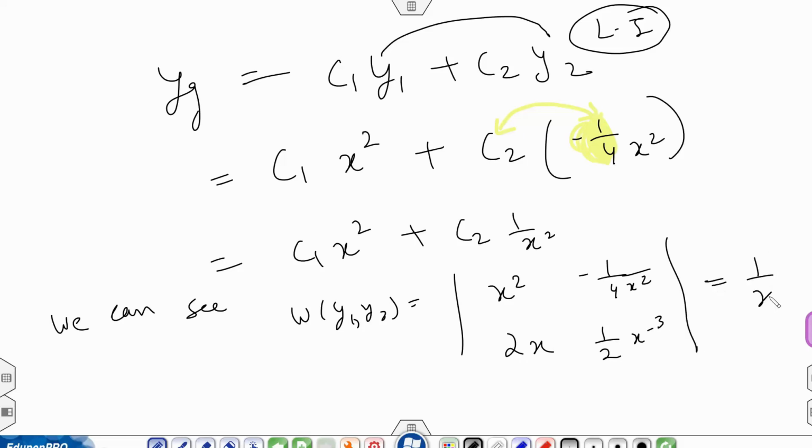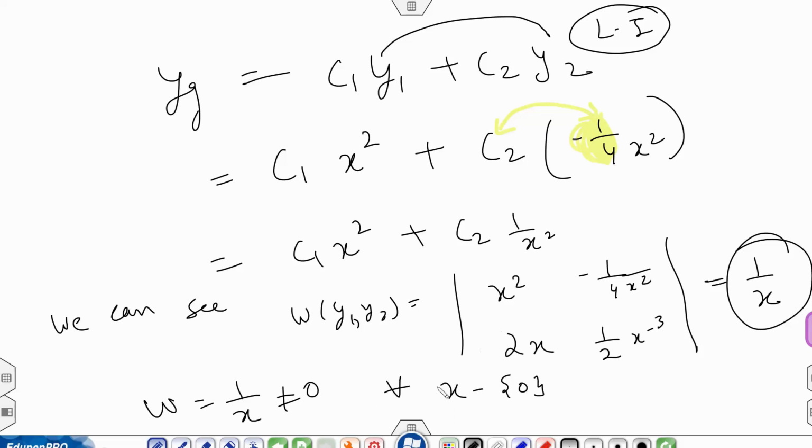You will see that it is coming out to be this, and 1 by x is never equal to 0 for every x where 0 is not there. If x is 0, W is not defined. So this will be the general solution of the differential equation for every x.